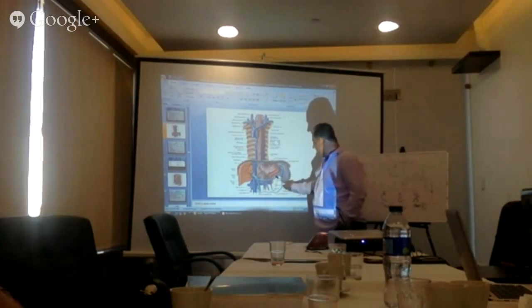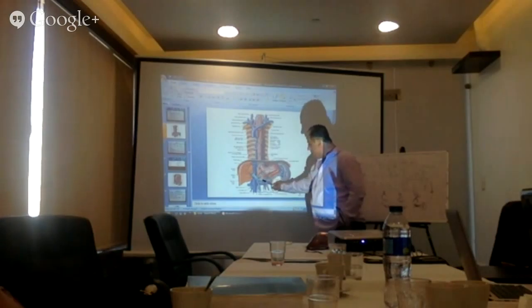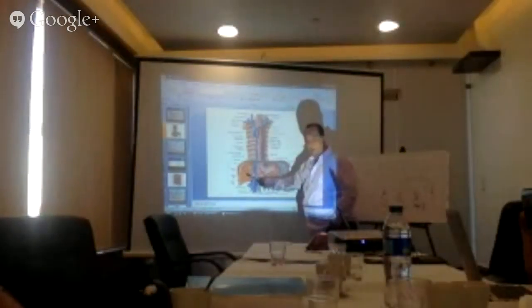So the splenic and the inferior mesenteric are going to join with each other here behind the pancreas. This is going to join with the superior mesenteric, and they are going to form one portal vein. You see the portal vein drains to the liver, goes to the liver.